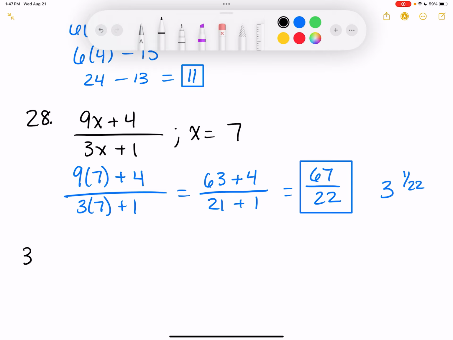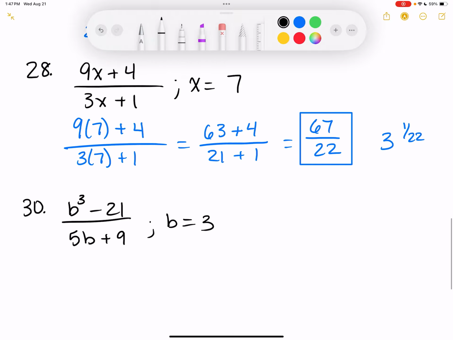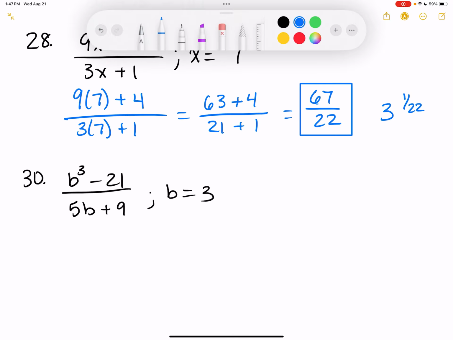30. b cubed minus 21 over 5b plus 9 when b is equal to 3. So I'm going to put the 3 in. So I've got 3 cubed minus 21 over 5 times 3 plus 9.